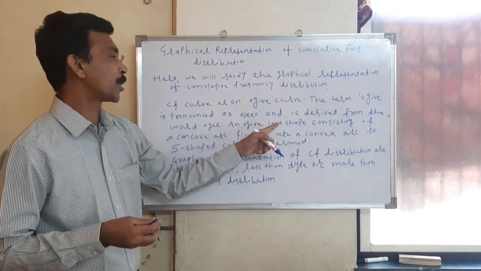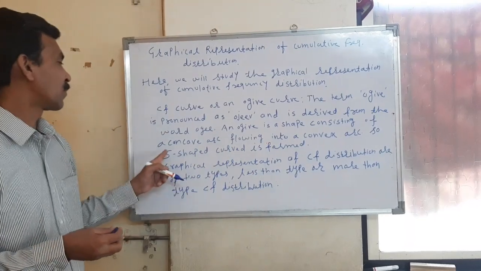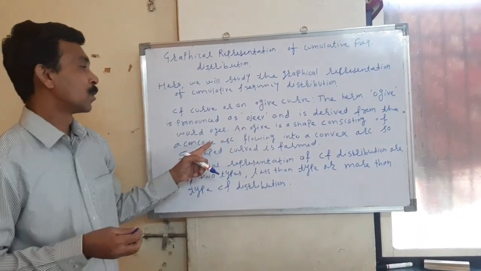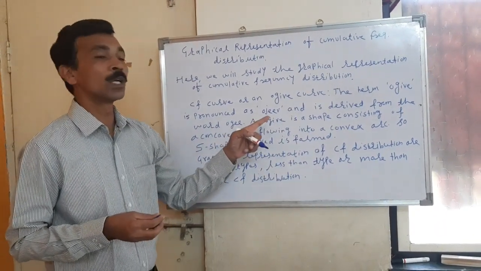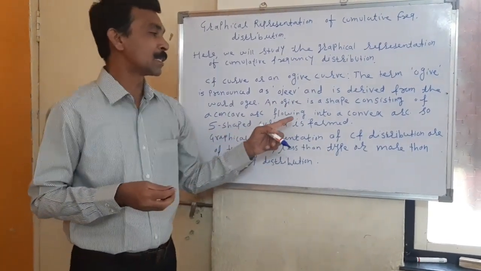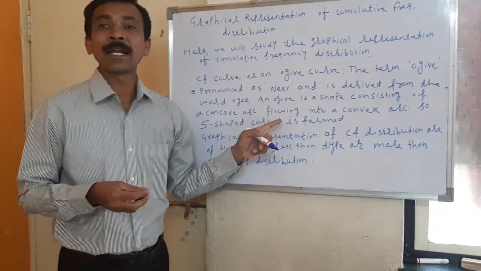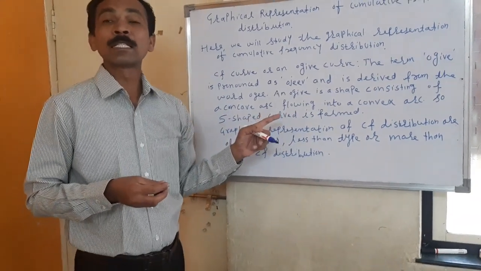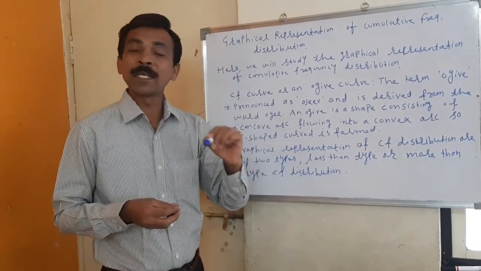An ogive is a shape consisting of a concave arc flowing into a convex arc. So an S-shaped curve is formed. Means at the end when we plot the points, we'll see an S shape will be formed.